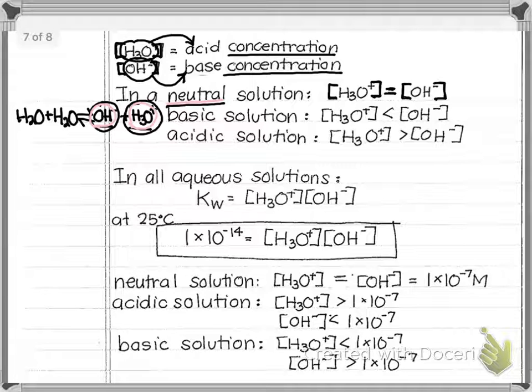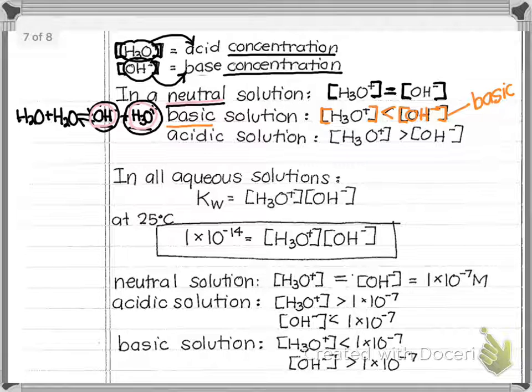Now, when a solution is basic, it does not mean that there's only base present, but what it means is that the hydroxide ion, or the base, is greater than the hydronium ion. So that makes it basic, because there is more base present.